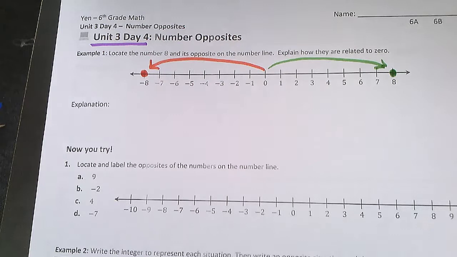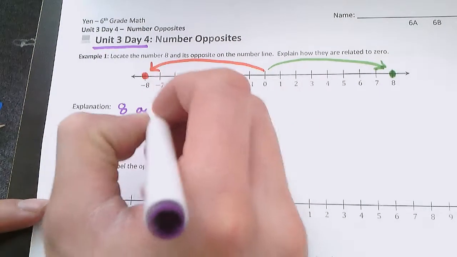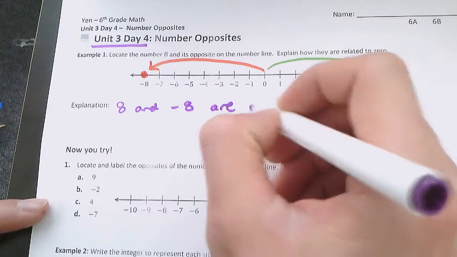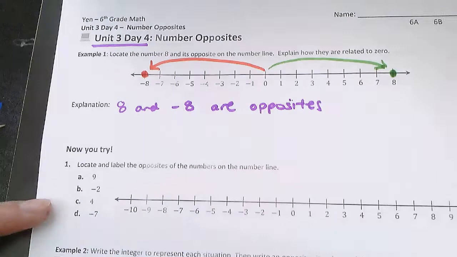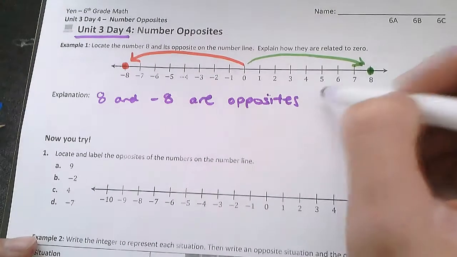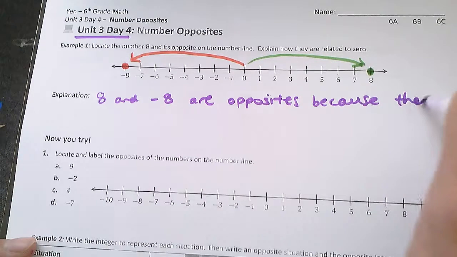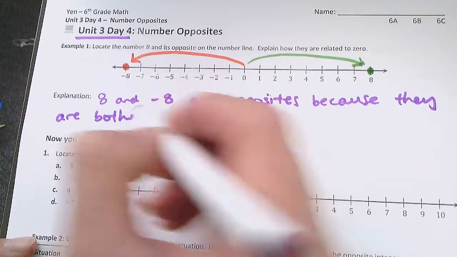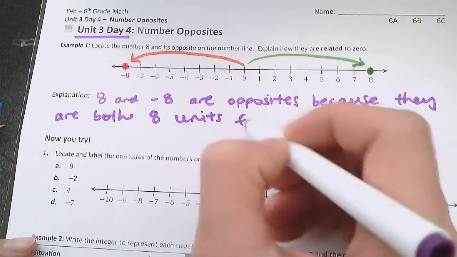So for our explanation, we'll say 8 and negative 8 are opposites because they are both 8 units from 0.